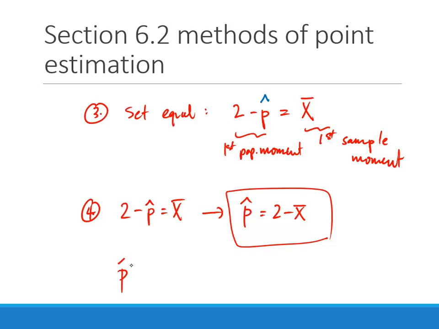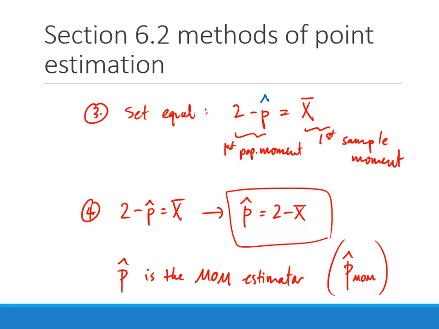So p hat is the method of moments estimator for this example. And since we're going to be talking about another type of estimation later, I might sometimes use the subscript mom, p hat mom, just to denote that that's our method of moments estimator. Okay, pretty straightforward. Nothing too crazy yet.